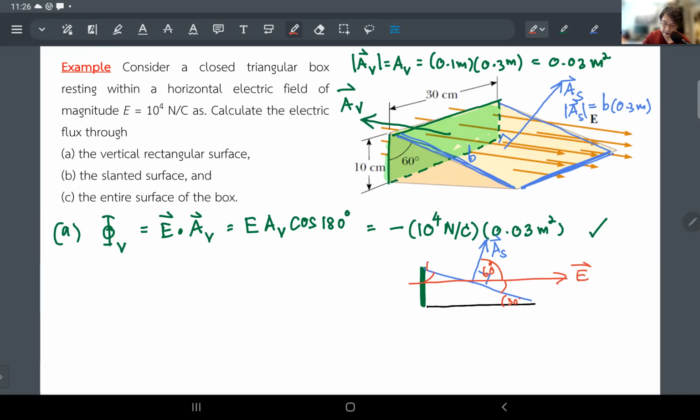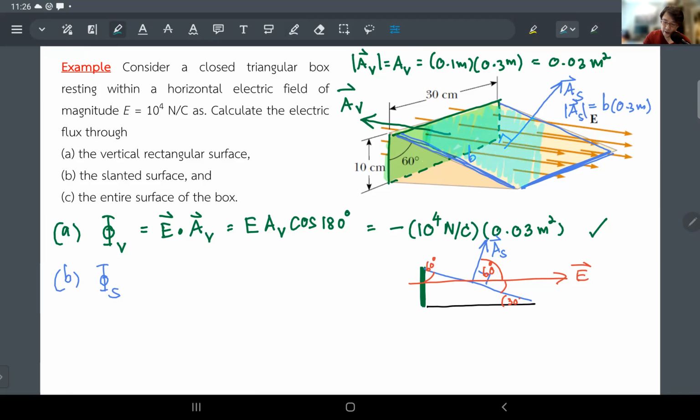So the angle between the A sub S vector and the electric field vector is 60 degrees. Now I can go ahead and say part B, the flux going through this slanted surface, the whole thing. Let me highlight it in blue over here for you. Oh, that's green. Sorry. Okay, here we go. That's your slanted surface right there.